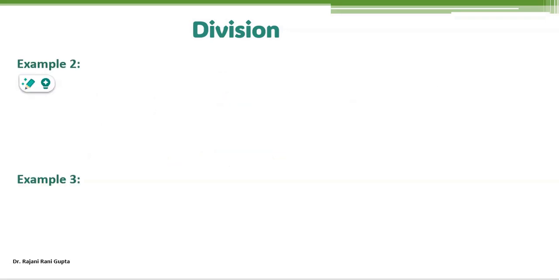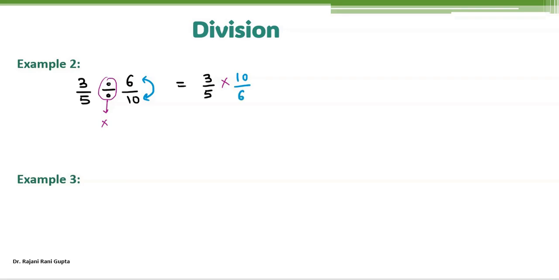Let's take another example. Let's say 3 over 5 divide 6 over 10. So remember the method. We have to change this division to multiplication sign, and for the second term we have to switch the positions. Okay, so what we get? 3 over 5, in place of divide we will write multiply, and in place of 6 over 10 we write 10 over 6.